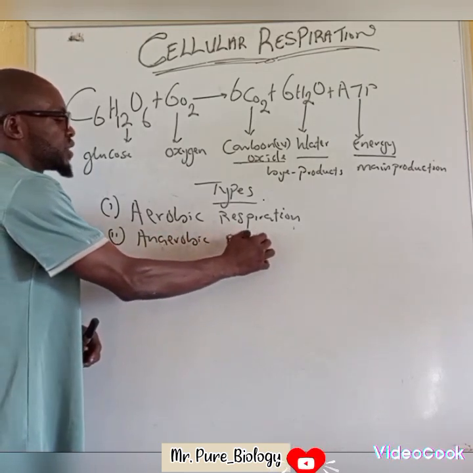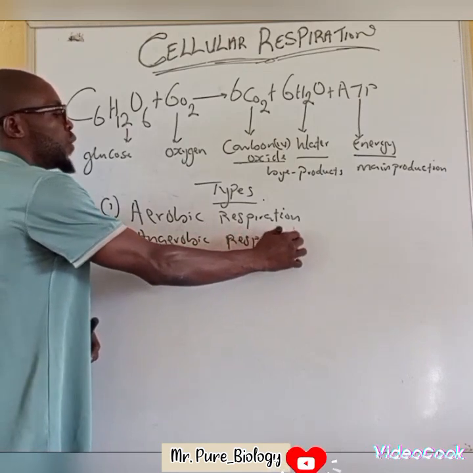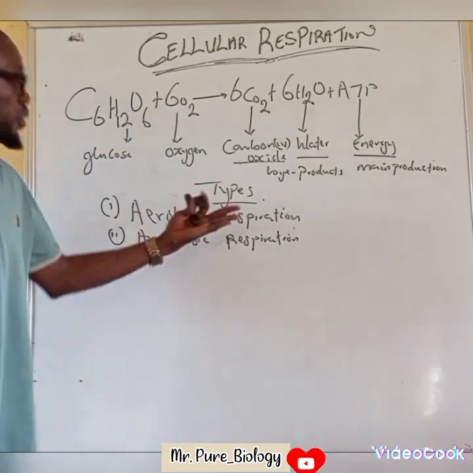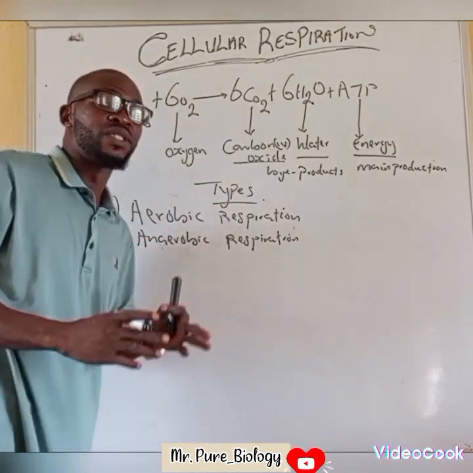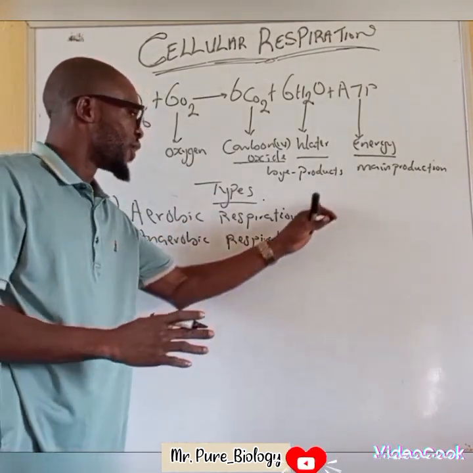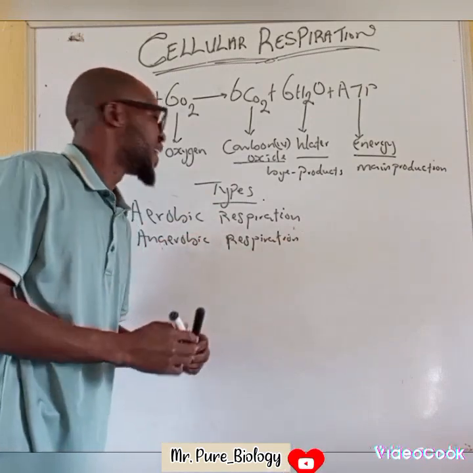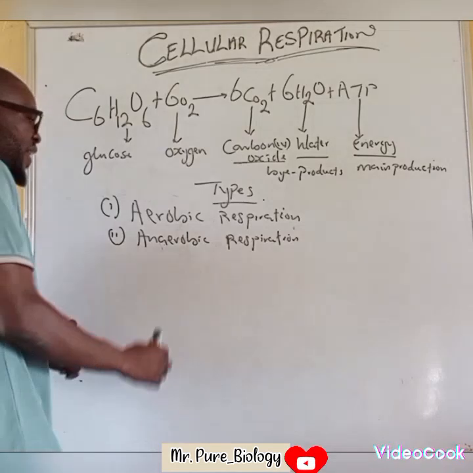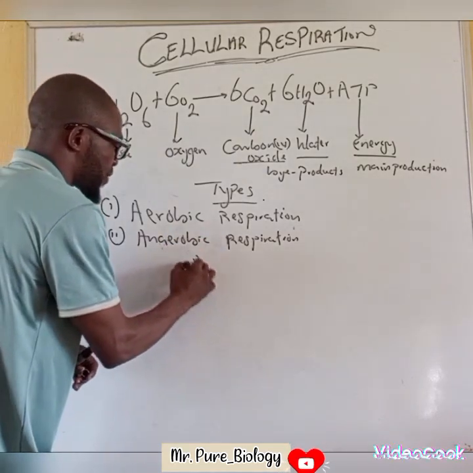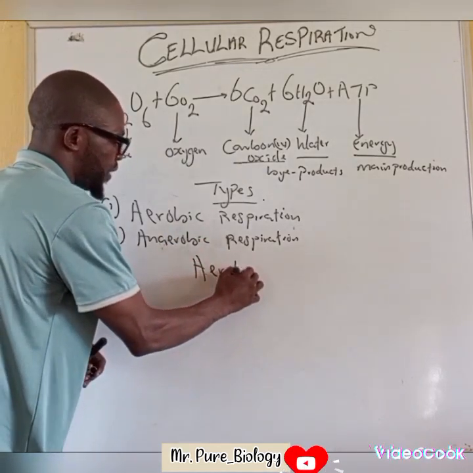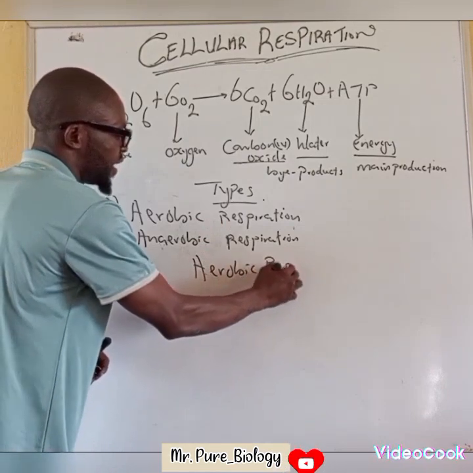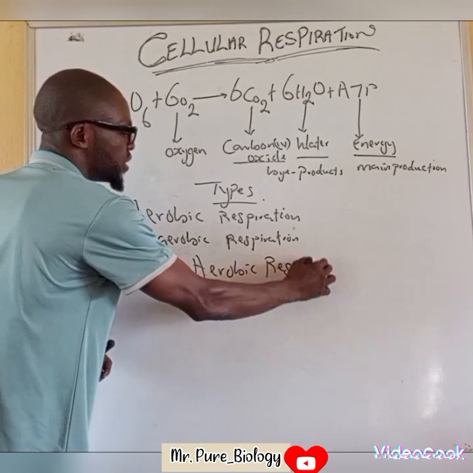Those are the two types of respiration we have. Both of them aim at generating energy, but the other products will be different. To look at them one after the other, let's firstly consider aerobic respiration.